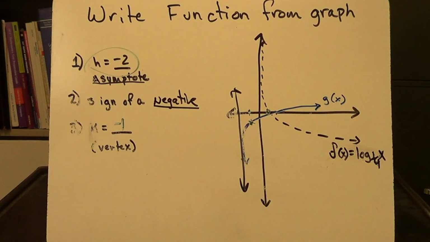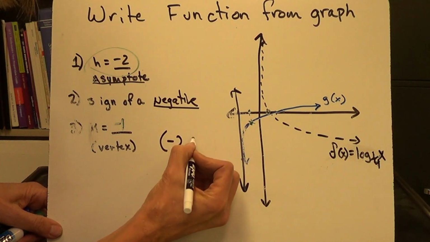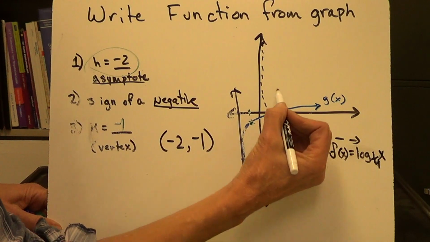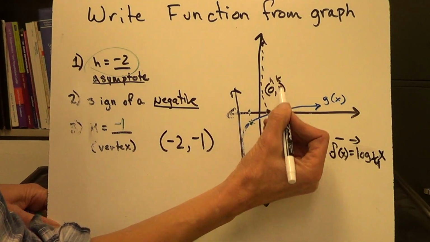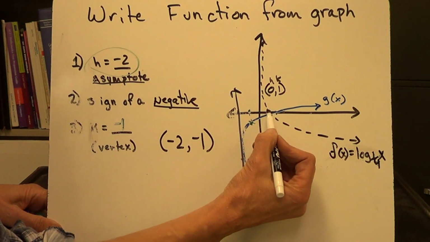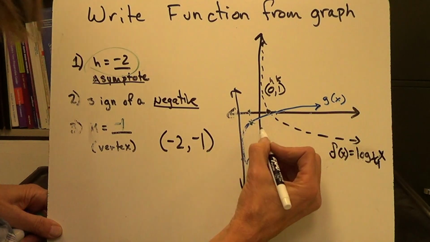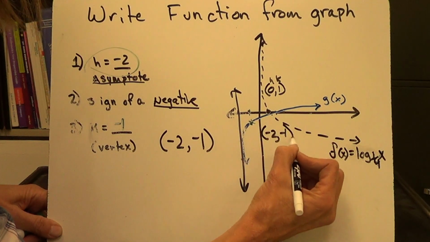That's my HK, -2, -1. I get it from where my 0, 1 is here. That's what I call my vertex. That's my HK of my parent function. When I adjust for the asymptote, I go down 2. Where it crosses is at -1, so I know that -1 or -2, -1.